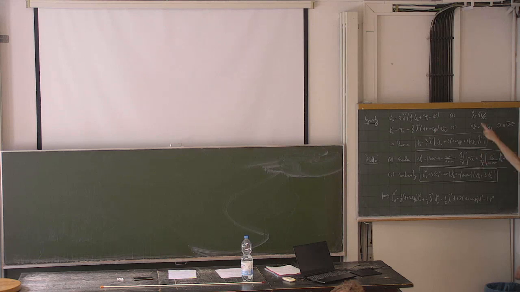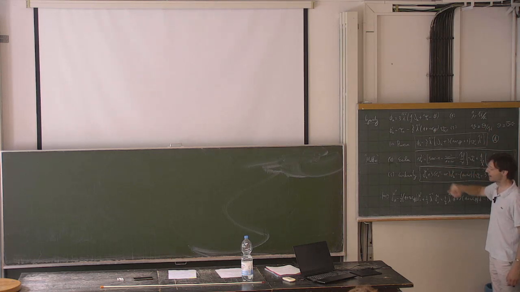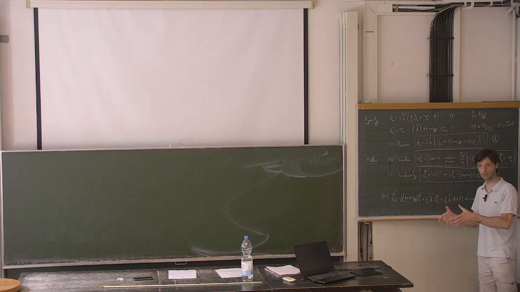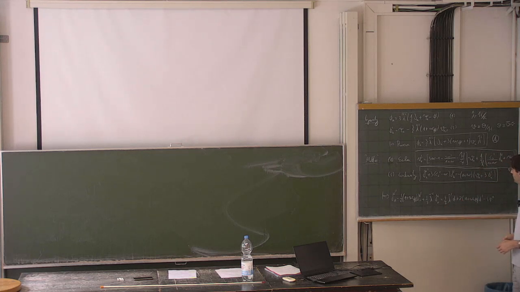As for the gravity sector, we introduced this quantity, and I remind you that with the prime, these are derivatives with respect to N, okay? N is going to be our variable characterizing the time evolution of our fields.